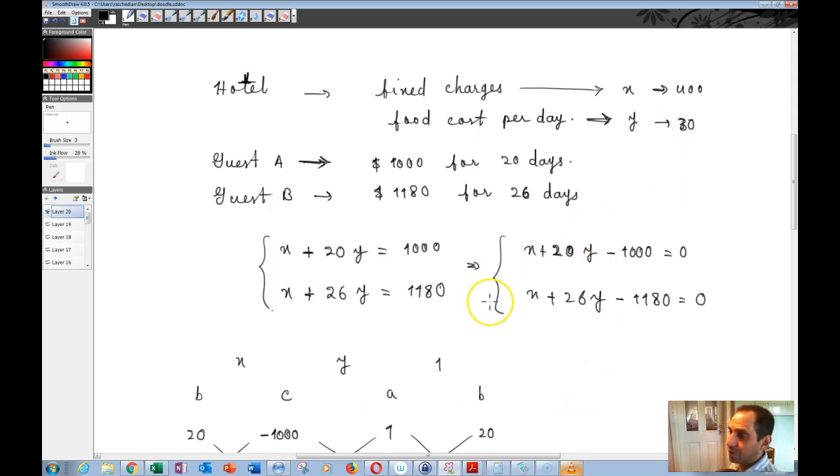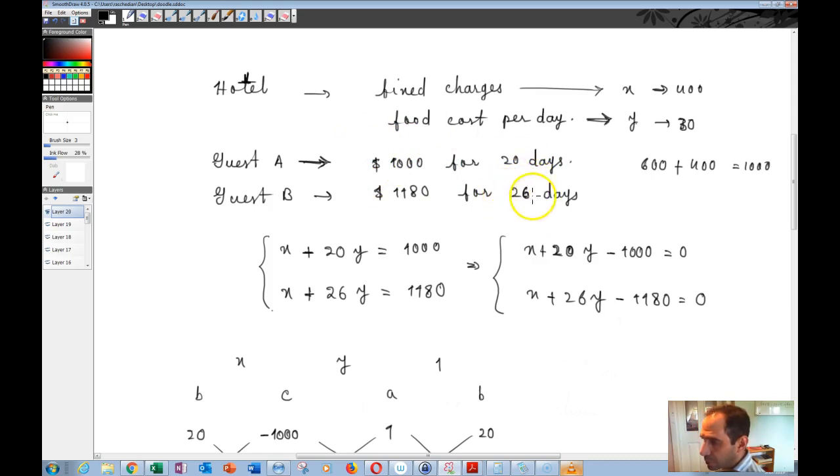Okay, so now what that means is that your fixed charges are $400, and the food cost per day is $30. So for example, if you stay for 20 days, that would be 20 times 30, which is equal to 600, plus 400 is equal to $1,000, which is this thing over here.